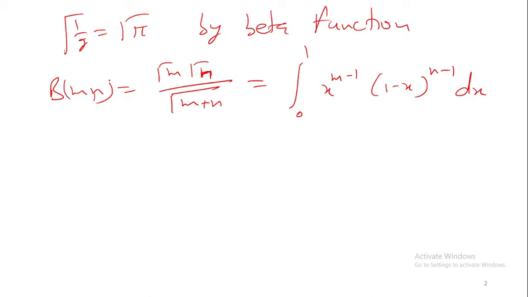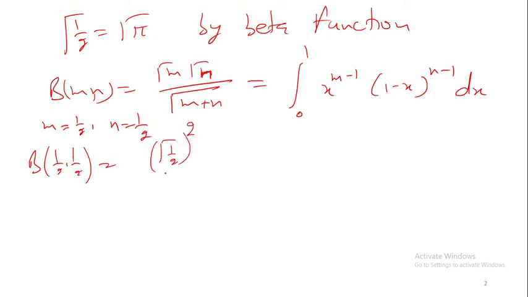Now if I take m equal to 1 upon 2 and n also equal to 1 upon 2, we get beta of 1 upon 2 and 1 upon 2. That gives gamma 1 upon 2 squared, and in the denominator gamma of 1 by 2 plus 1 by 2, which is gamma 1, and gamma 1 is always equal to 1.